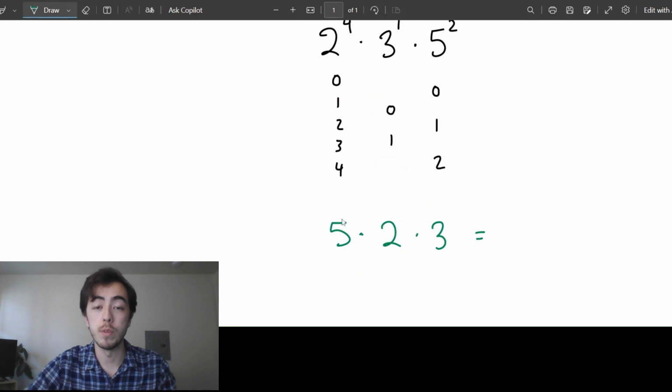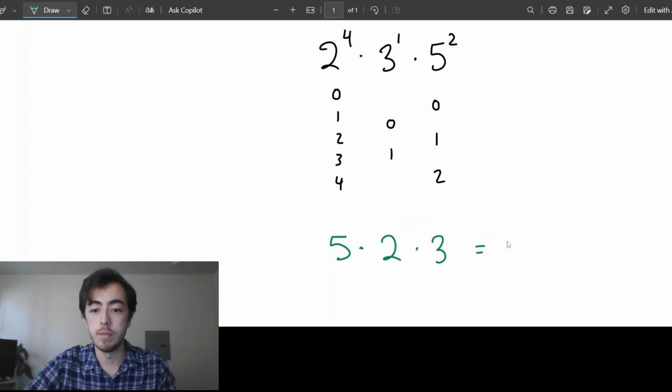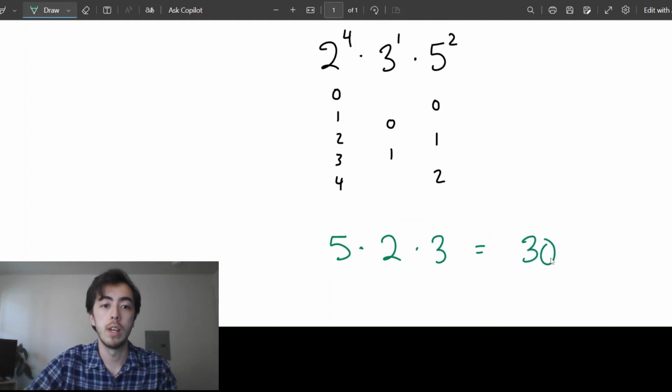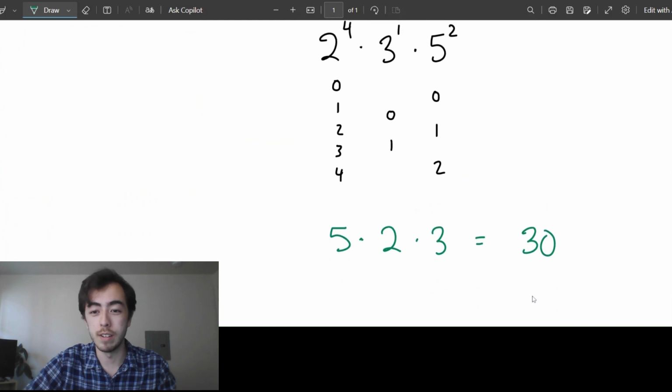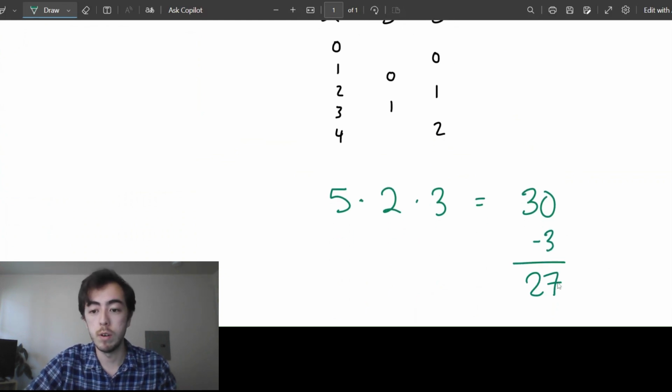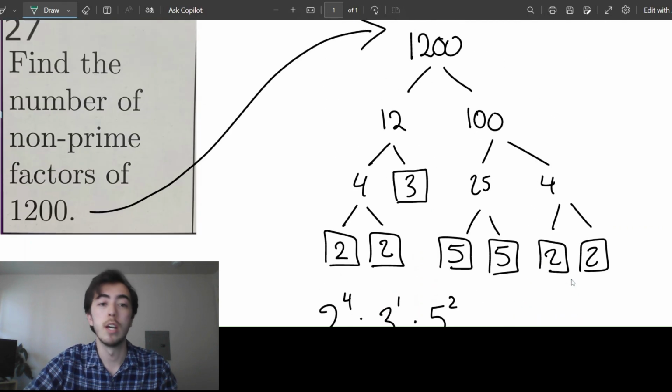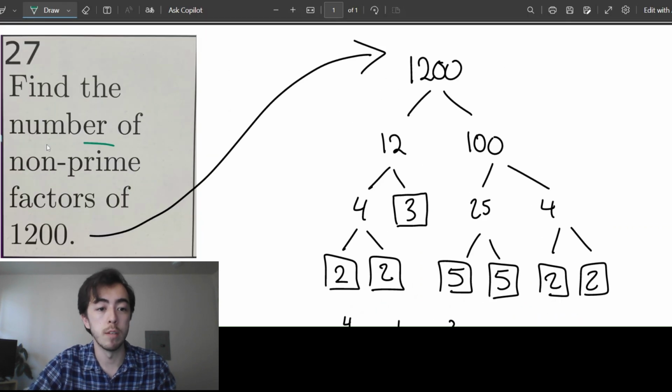So I have 5 times 2 times 3 total factors of 1,200. This number right here is 30. And then since it does say non-prime factors, I am just going to take out the 3 primes that I found earlier, because I have 2, 3, and 5 as my prime factors. So overall, we have 27 composite factors or non-prime factors of 1,200.